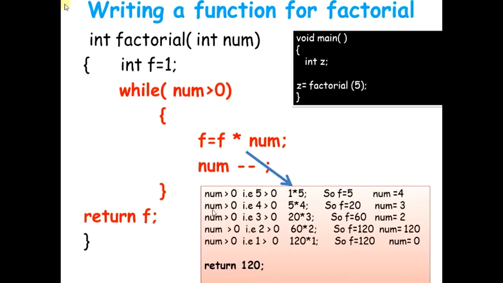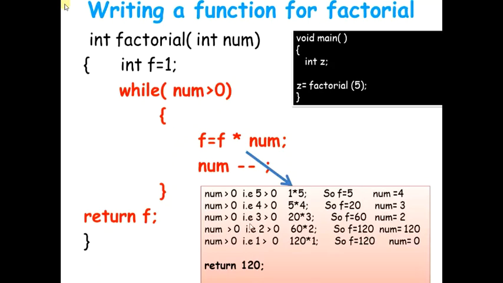So 4 greater than 0? Yes. So what you're going to do now? You're going to do f is equal to f into num. So now this code is doing 5 into 4. So now f becomes 20. Then you make your num equal to 3 because of this num minus minus.